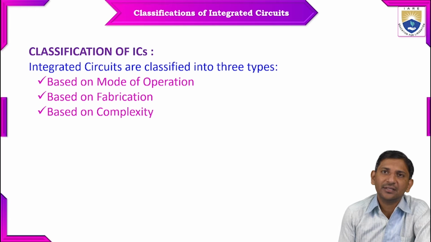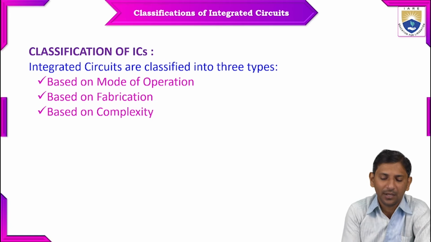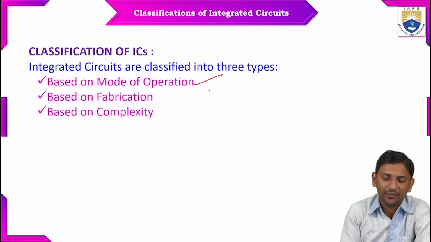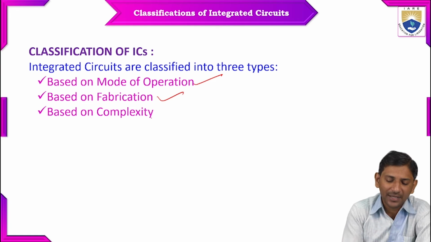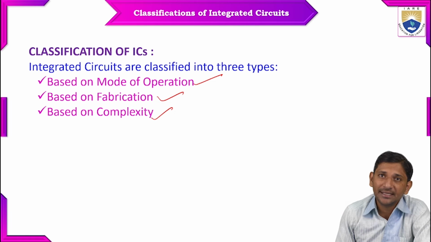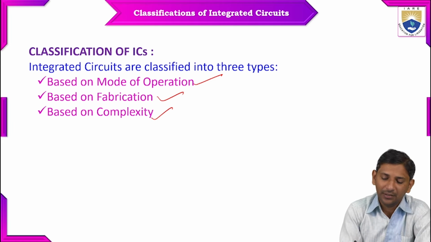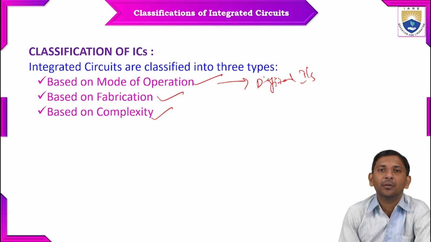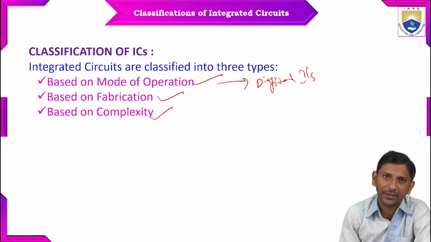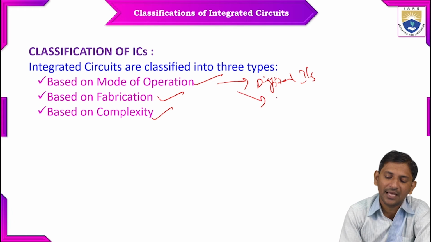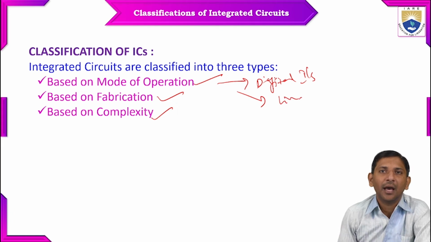Other classifications of ICs are based on mode of operation, fabrication, and complexity. Based on operation, if you are performing in a digital environment, then it is classified as digital ICs. And when you perform analog or linear operations, then it is classified as linear ICs or analog ICs.